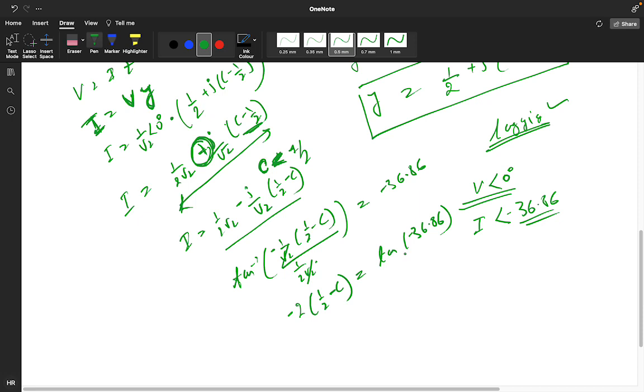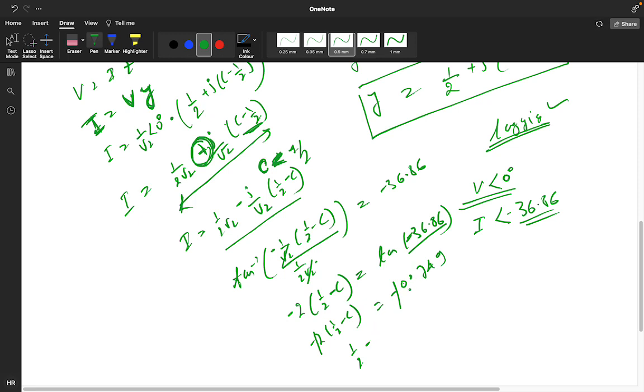So what is the value of tan 36.86? Prasanna, what is the value of tan 36.86? 0.749. Put the value of tan minus 36.86, minus 0.749. And this is minus 2 into (1 by 2 minus C). Solve this equation. This minus will cancel out.